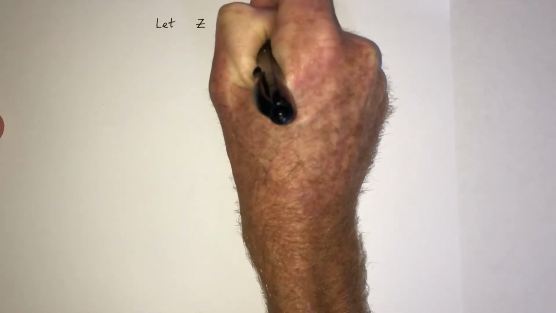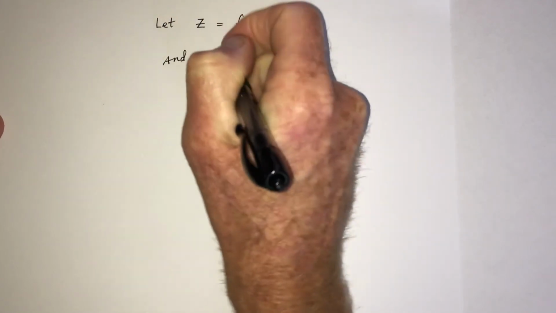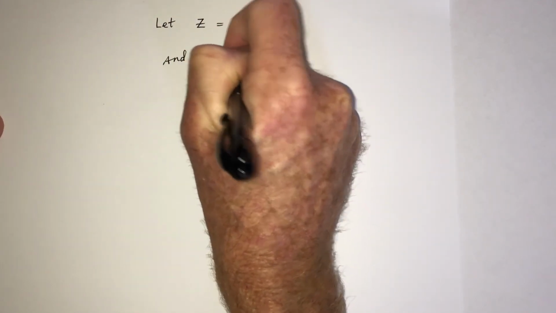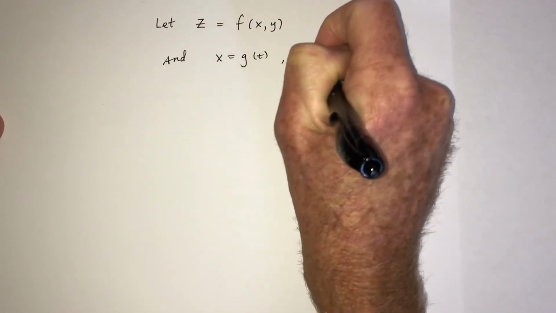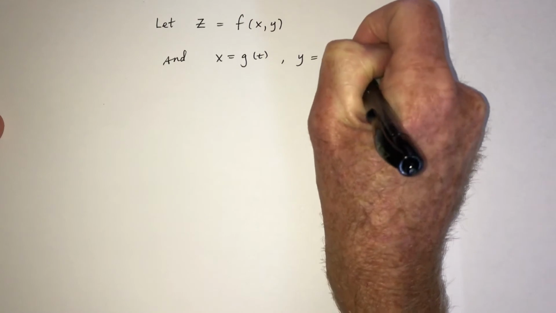Now, what about Math 3c? What if you have more functions and more variables? So suppose that z is a function of x and y, and x happens to be a function of t, y is a different function of t.